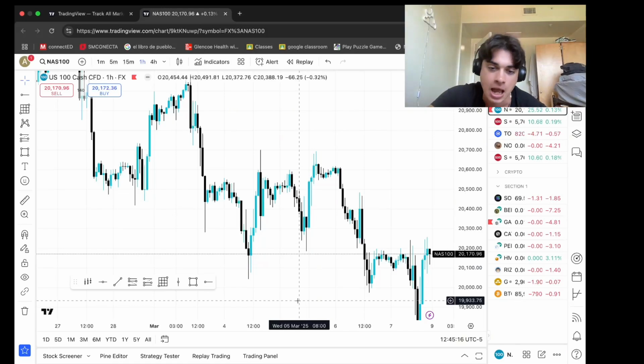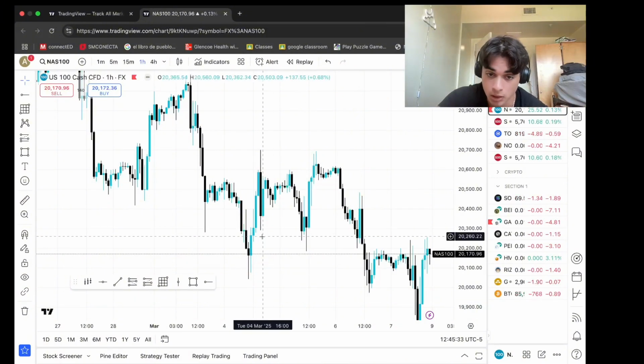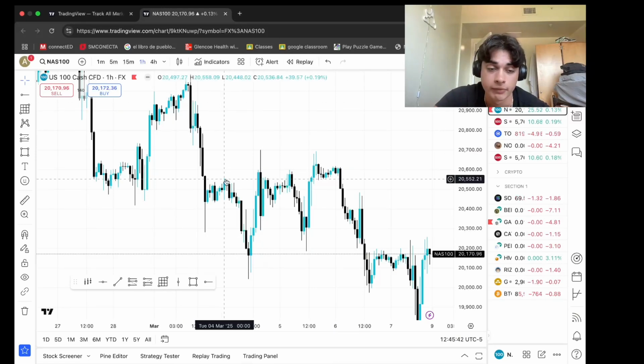Usually if an inverse happens at a key level of liquidity, what's gonna happen is that an internal level of liquidity, that's usually not a 1 RR, by the way, depending on your risk to reward. If you put it below the inverse, it's usually like a 0.6, 0.5. But usually it's gonna target that internal point of liquidity, which then you can break even and then you're risk free.